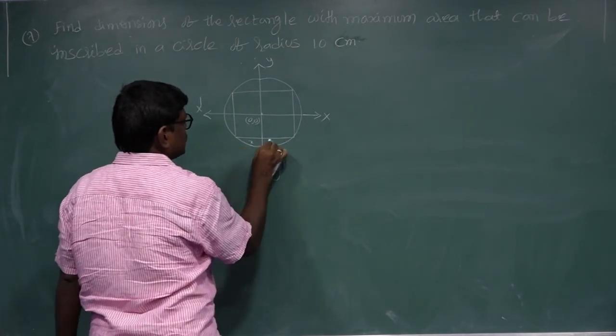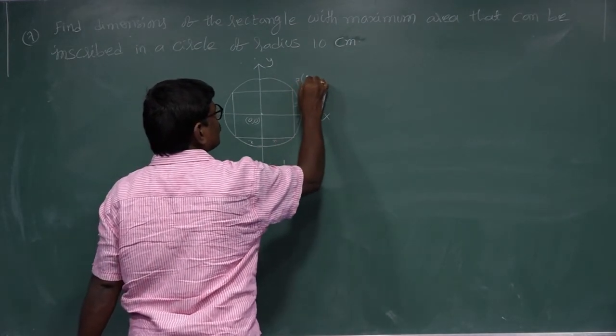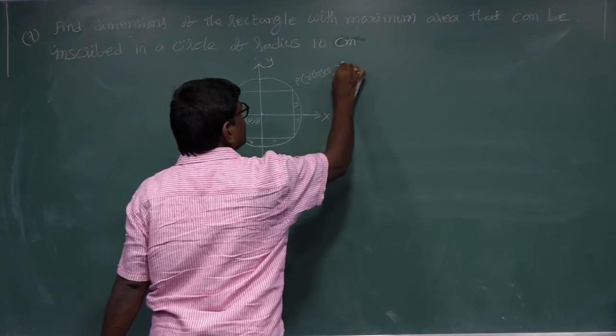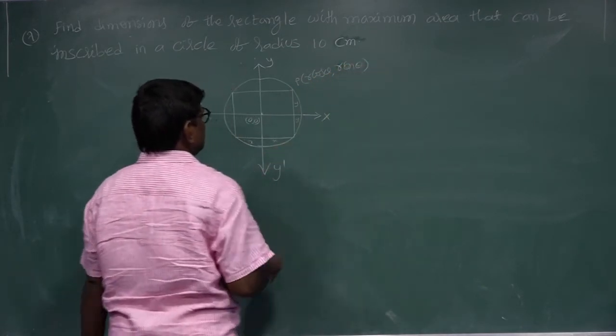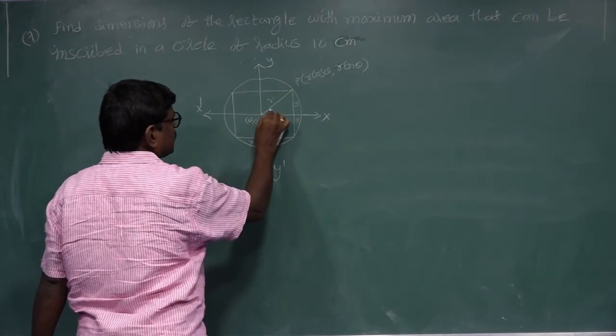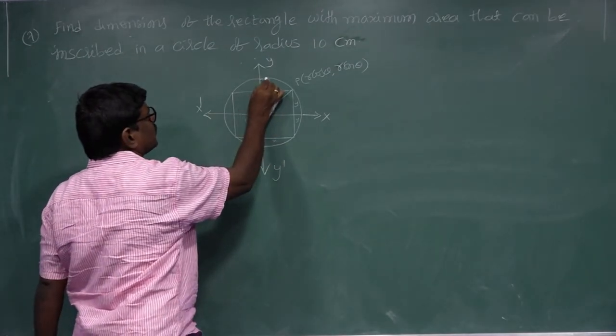This point is (x, y), the point (r cos theta, r sin theta). This line is the radius r, at angle theta.